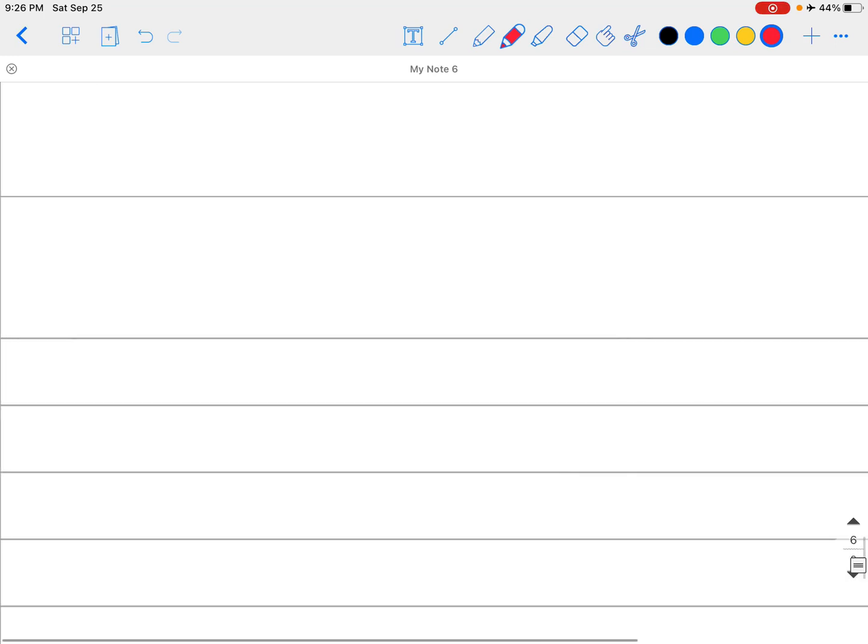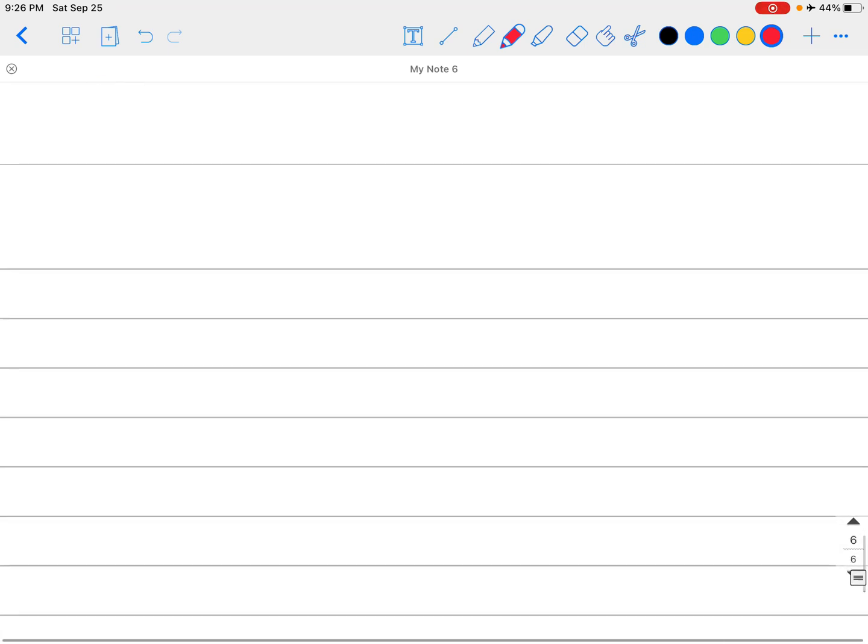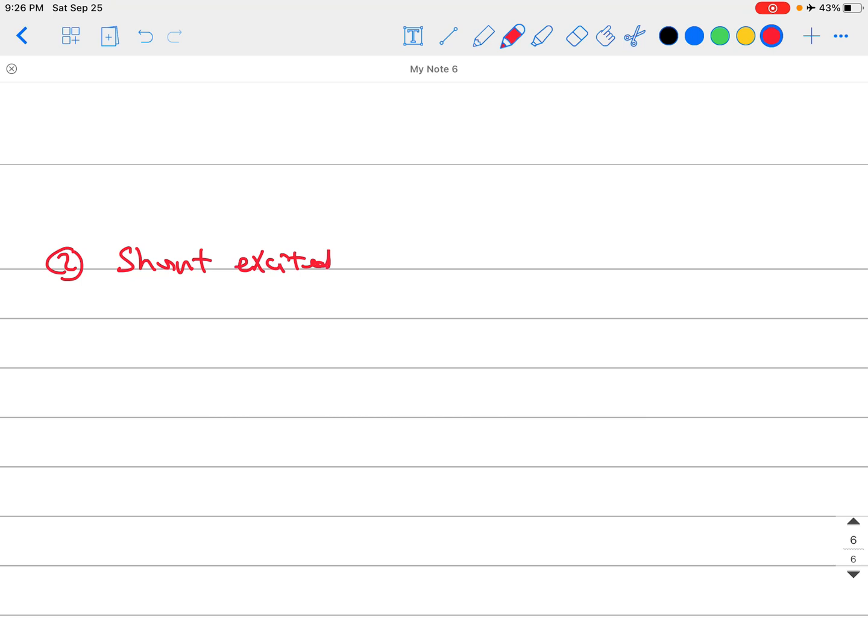The second connection is the shunt excited DC machine. From its name, shunt means parallel. Okay? And what does it mean?